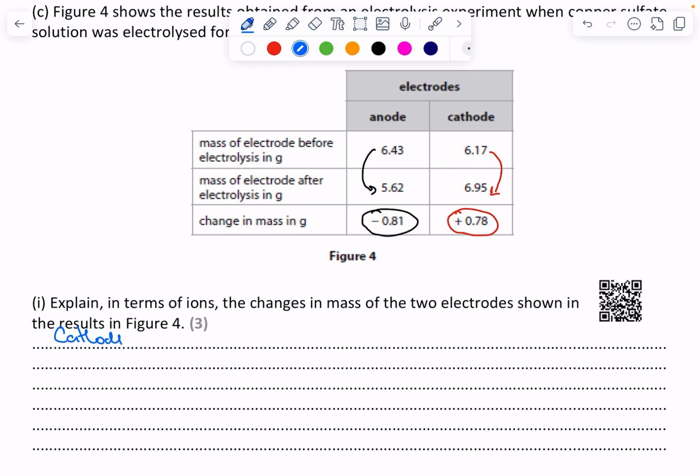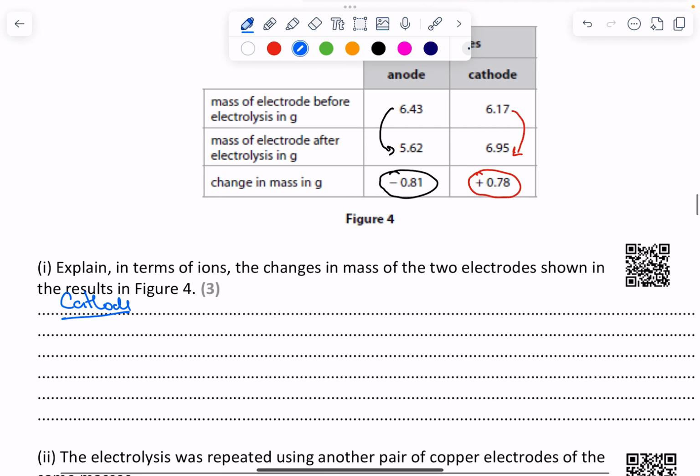Okay, so let's deal with the cathode first. So the cathode, the mass has increased. Why has it increased? Because we have had copper ions heading to the cathode. They gain electrons and they become copper atoms. Okay, so let's put that into words.